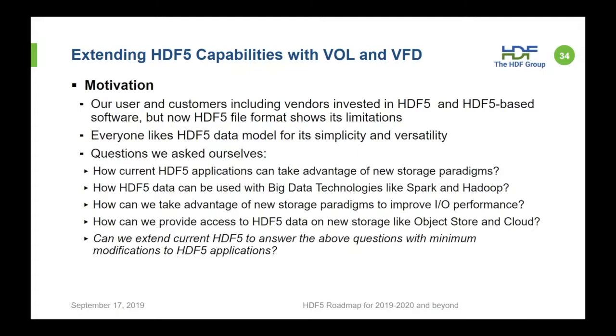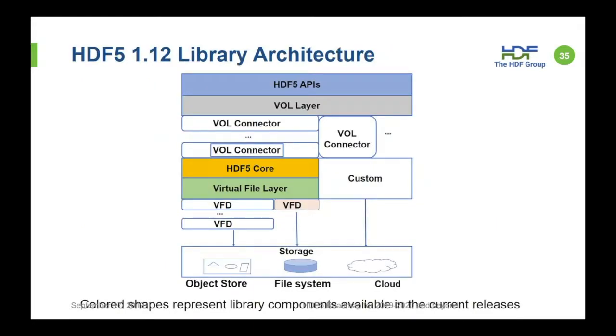But what was the most important question for us to answer: can we extend the library to answer the questions above with minimum modifications to HDF5 applications? This is our focus, minimum disruption for a lot of software that was already created and is in use now. And we said, yes, we can still extend our library architecture to use those new layers, and the current layer we can extend to provide this flexibility.